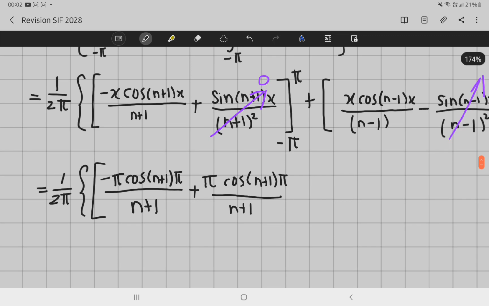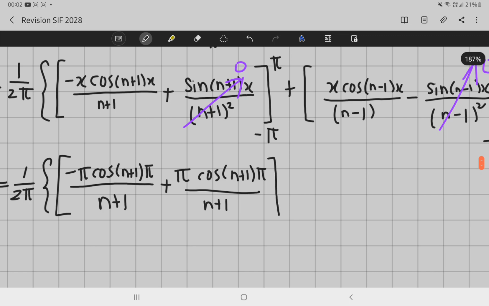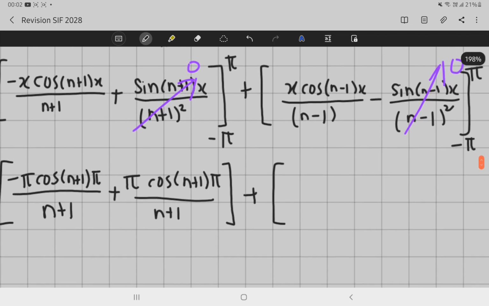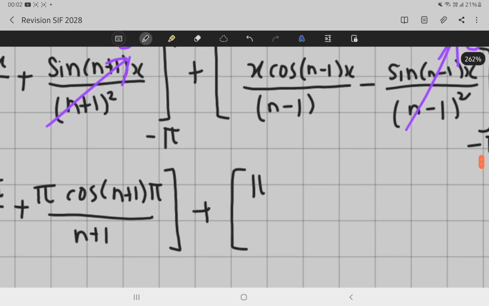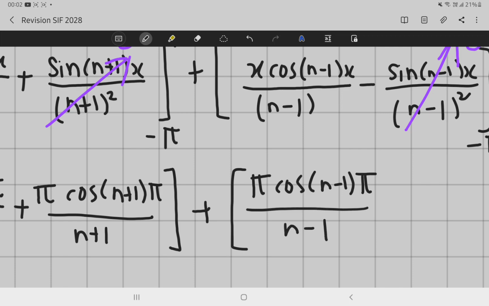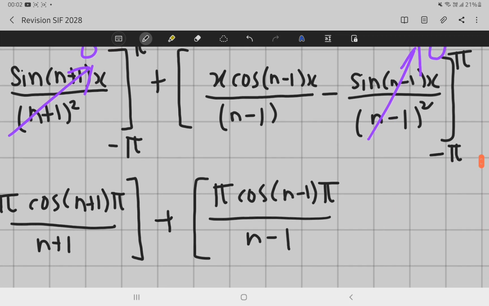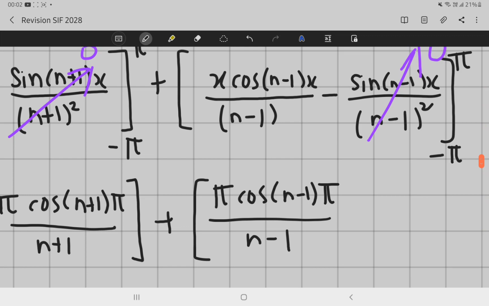Okay, hopefully I'm not making any mistake, plus cosine n minus 1 pi over n minus 1, minus, which is plus, so it's supposed to be minus, right?